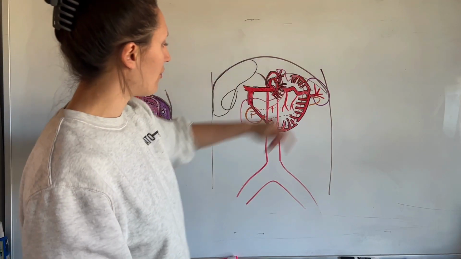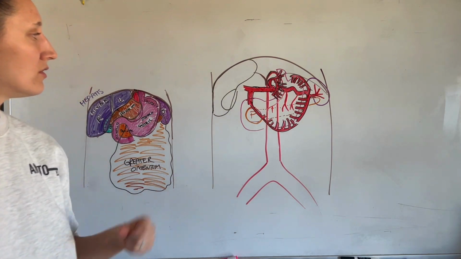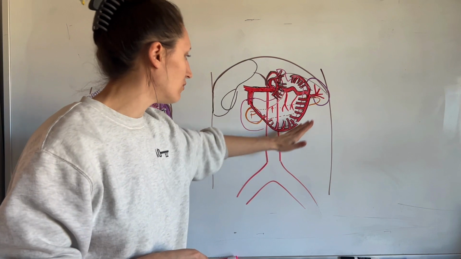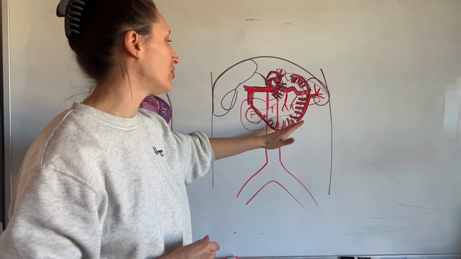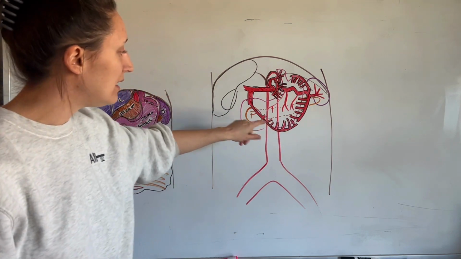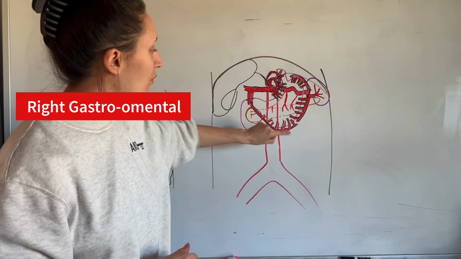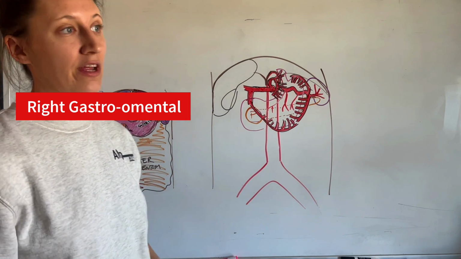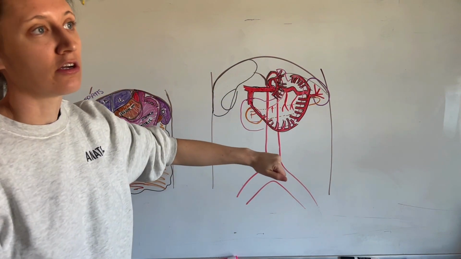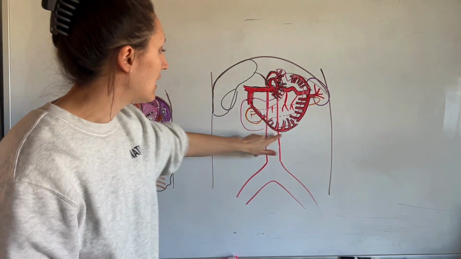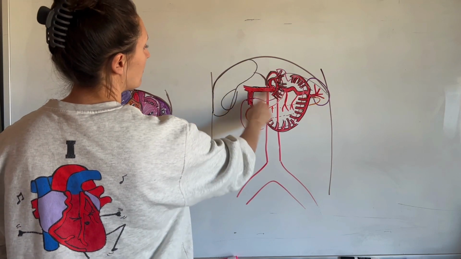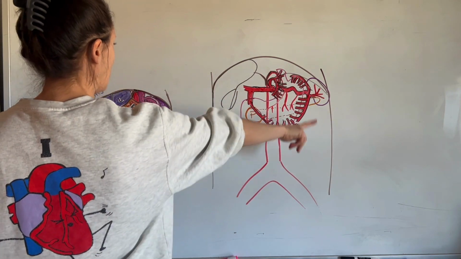So this artery from our gastroduodenal takes care of the part of the name that is gastric, and it's going to go to the greater curvature's inferior portion and anastomose with our left gastroomental artery, which means this is, yes, our right gastroomental artery. So we have a right one, we have a left one to supply the entire greater curvature. Just like the left one, we are running in the greater omentum. But it comes from gastroduodenal, which is a branch of common hepatic. So this is our right gastroomental.